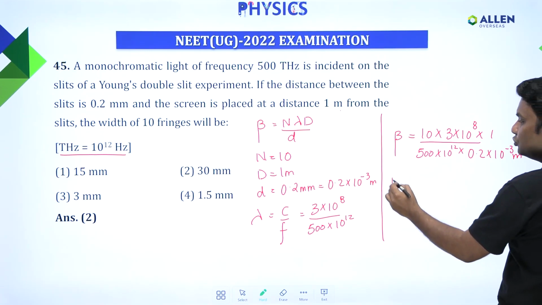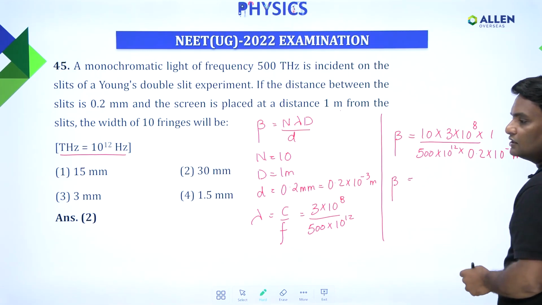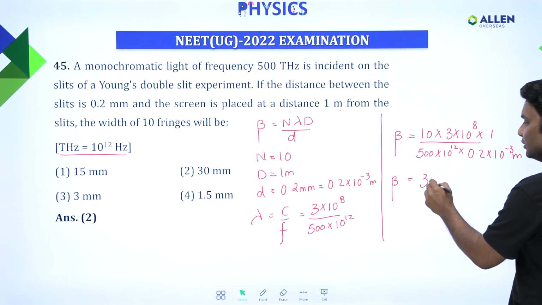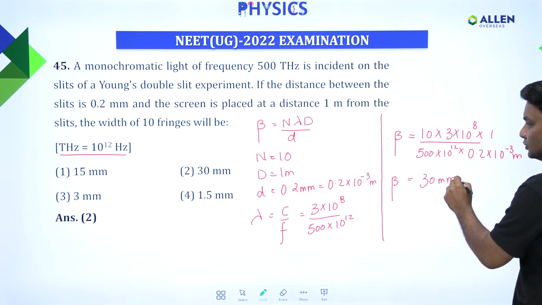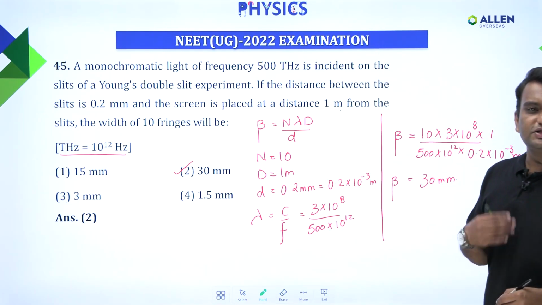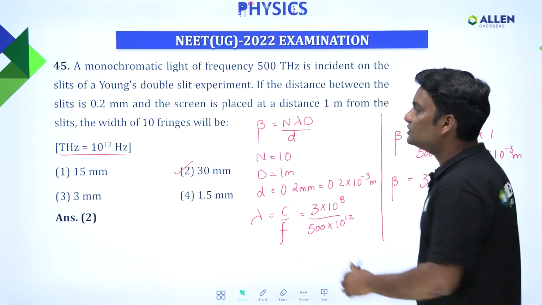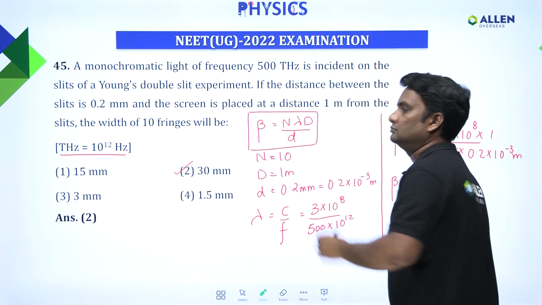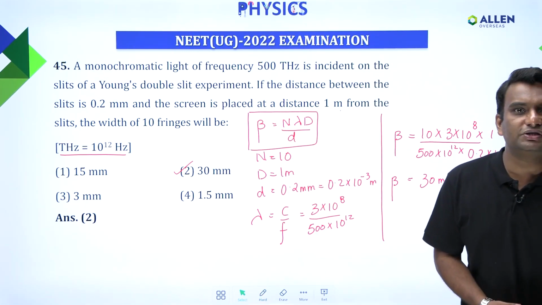So we simply need to do this calculation, and upon solving, the final answer that we are going to get is 30 mm, which is option number 2. So again, this is a formula based question. If we are clear with this formula, then I think we can very easily solve this question. I hope everyone understood this part.